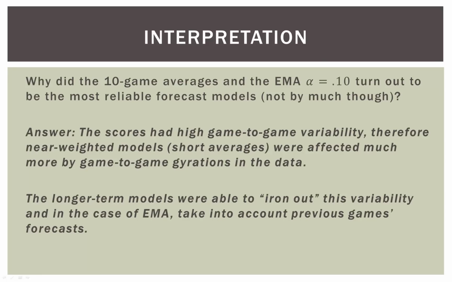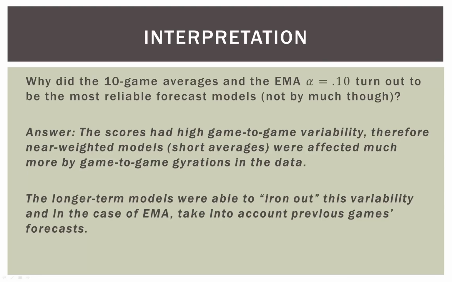So the EMA of 0.1 and the 10-game moving averages is kind of like going down the middle of a road. It's kind of equidistant from the left and the right. There are no extremes. It's kind of the same distance from everything on the right as it is from everything on the left. And if you remember our graph of our EMAs, that purple line sort of went right down the middle of the data.